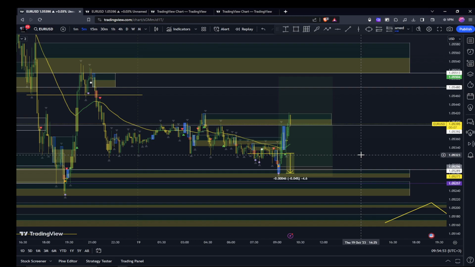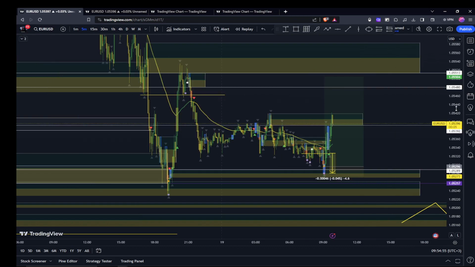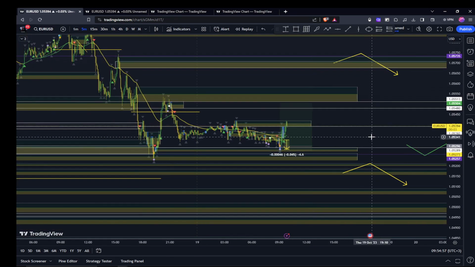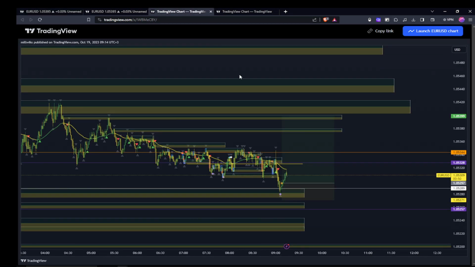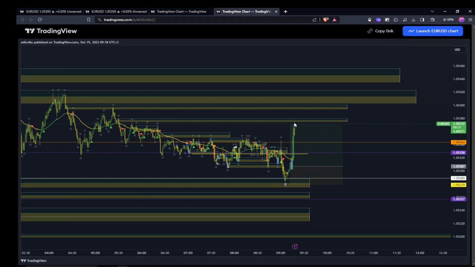That's how I do it, and as you can see, 1 hour aligned, 4 hour aligned. I took the trade, and that's where I got out.